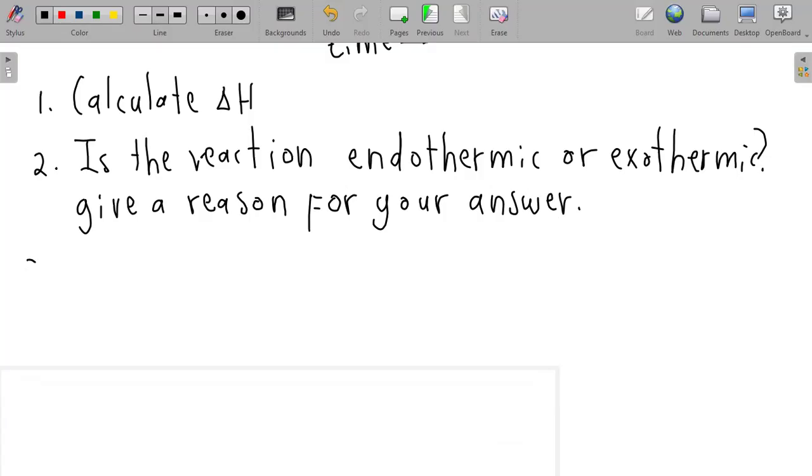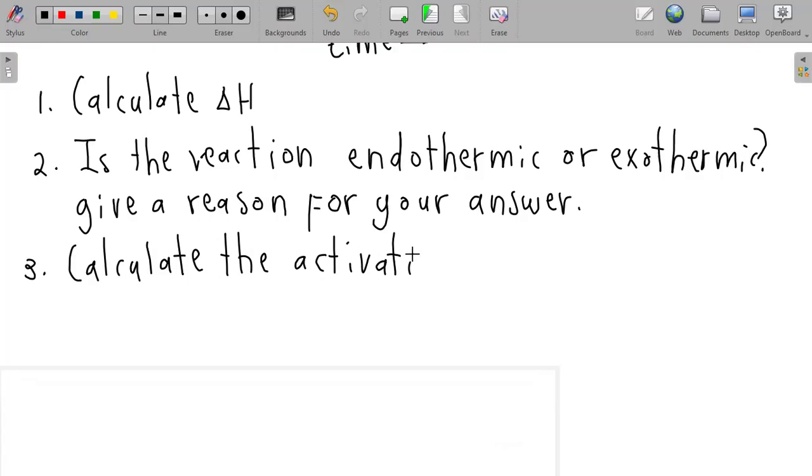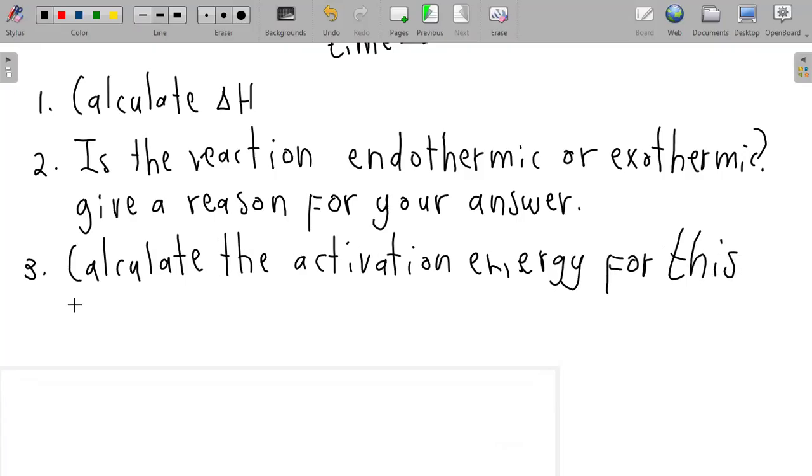And then number 3, we must calculate the activation energy for this reaction.